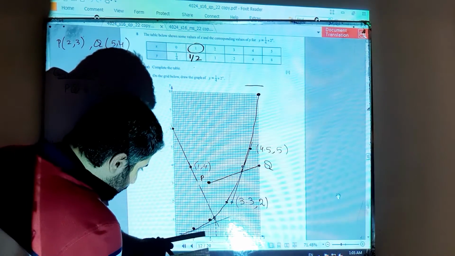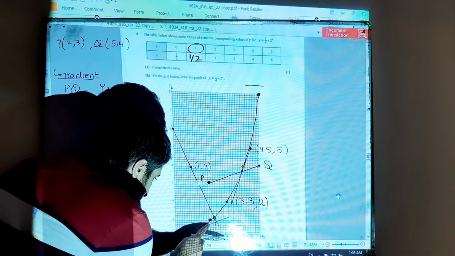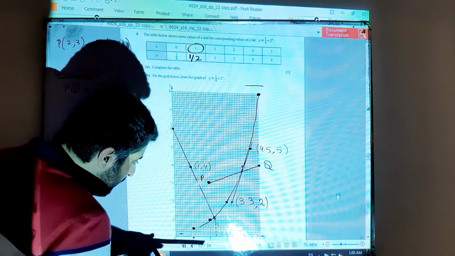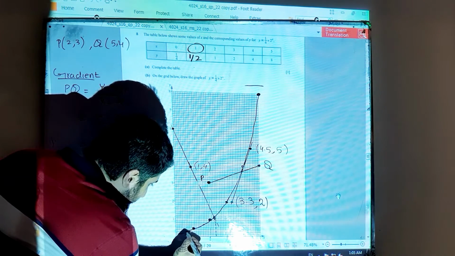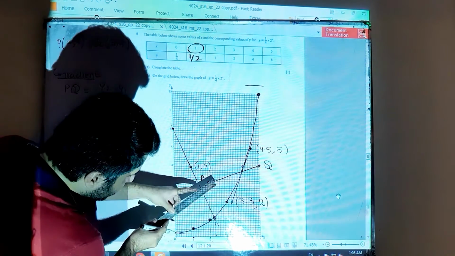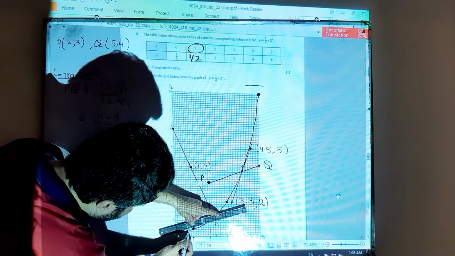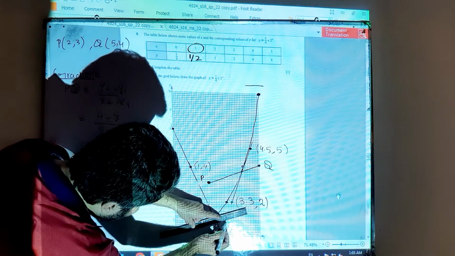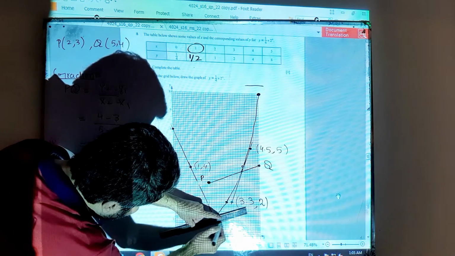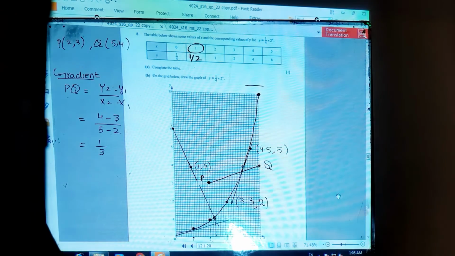Let me try again. This is our curve, and it should touch the curve. So this line is parallel to PQ.